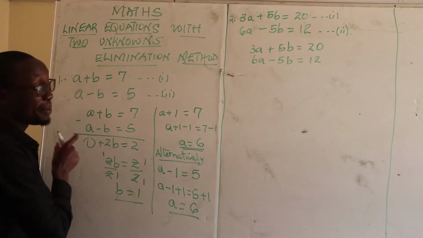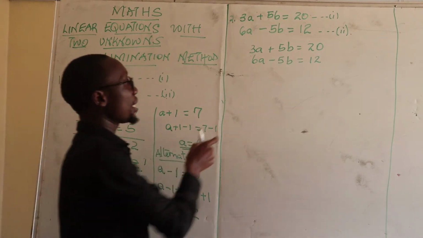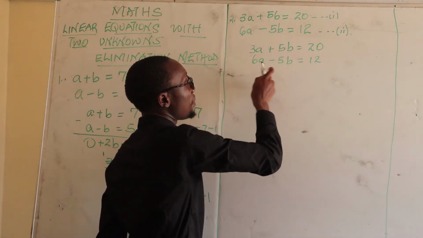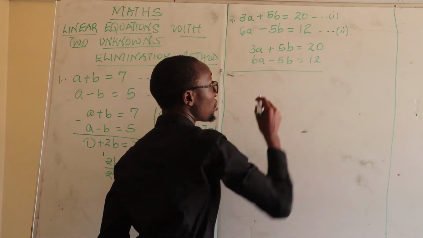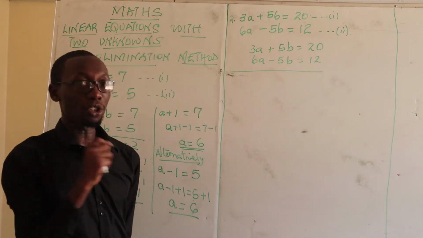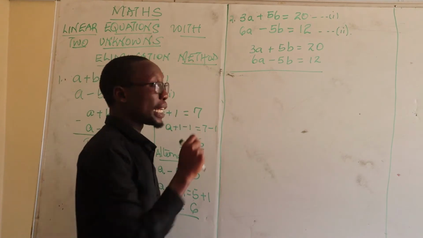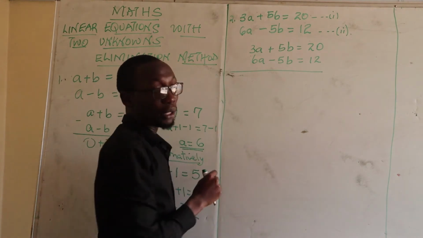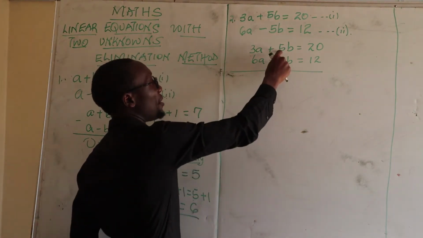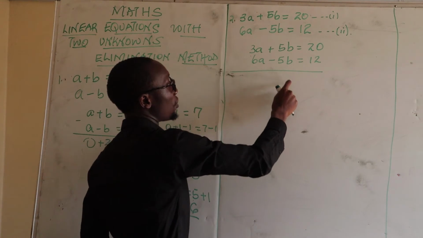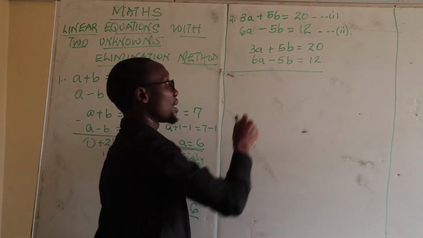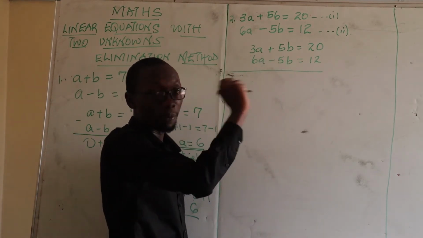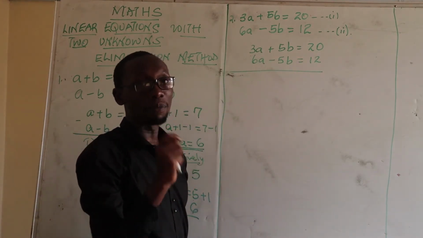So here, these two have similar coefficients, so that we can eliminate them with whatever operation we perform, and they add up to 0. We need to decide: are we adding or are we subtracting? If we add, 5 minus 5 is going to be equal to 0. But if you subtract, you're going to have 5B take away negative 5B, which is positive, and so you're going to have positive 10B.